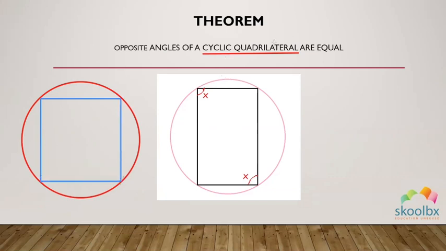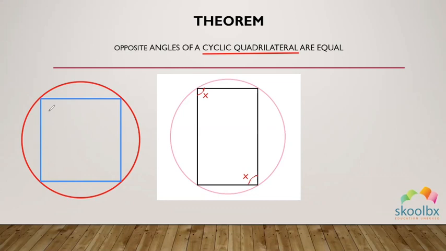So a cyclic quadrilateral is one where all four points lie on the circle. The angles need not be 90 degrees. They could be, but they could be something else as well. And the opposite angles are supplementary.